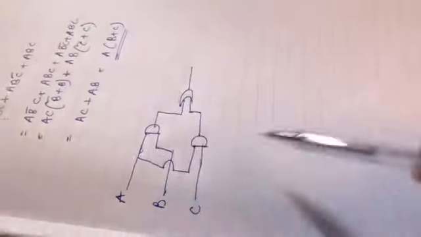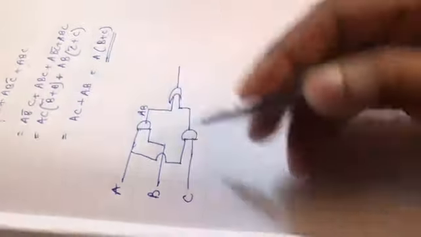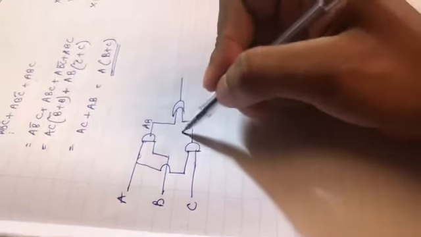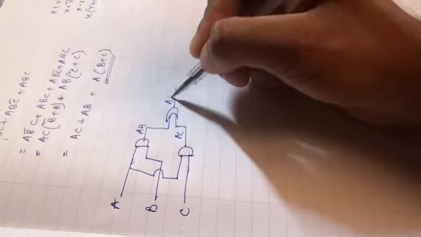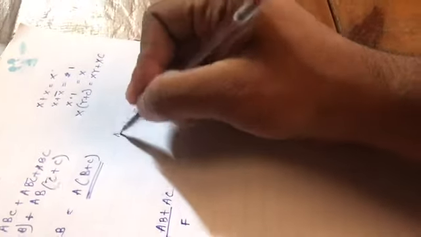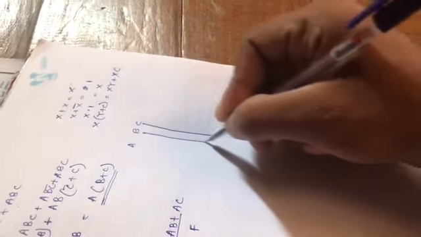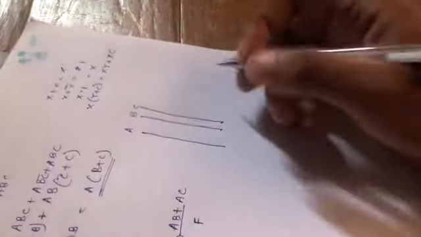So you can draw it like this. This is A, B. This is AB, this is AC, and this is AB plus AC. That's the output, which is F. You can draw it in this way, or in the other method, where you put down all the inputs like this, and then you draw it.